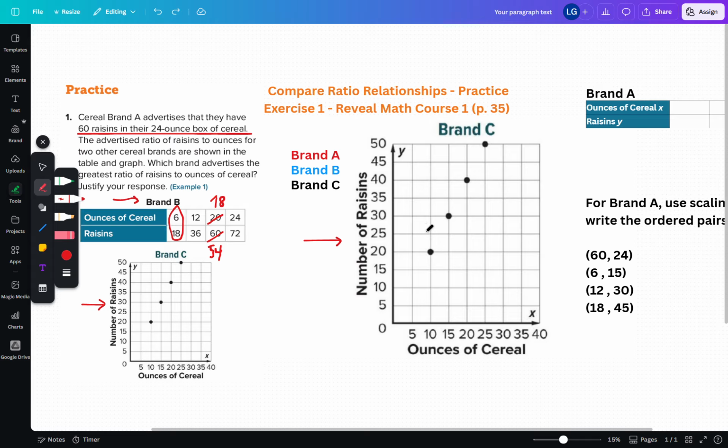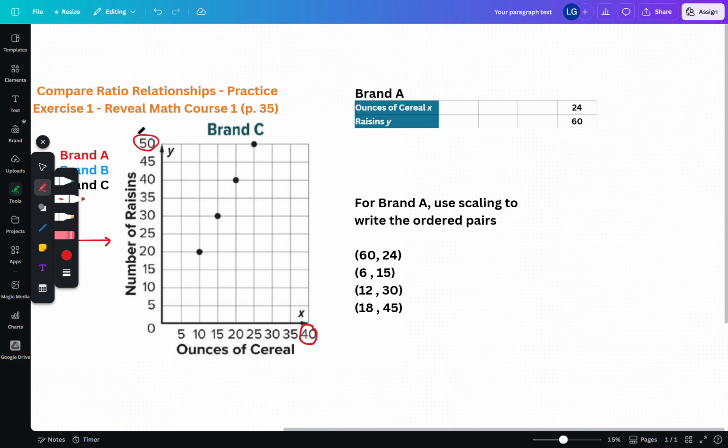The maximum y-coordinate I can represent is 50, and for my x-axis is 40. So ordered pairs with an x-coordinate greater than 40 or a y-coordinate greater than 50 are going to be outside my graph.